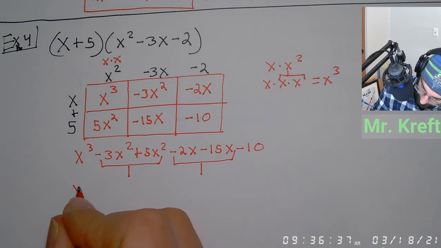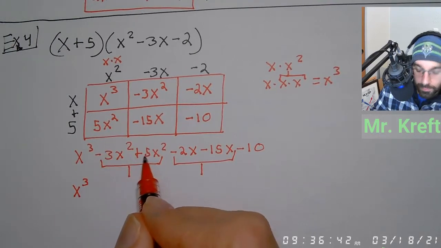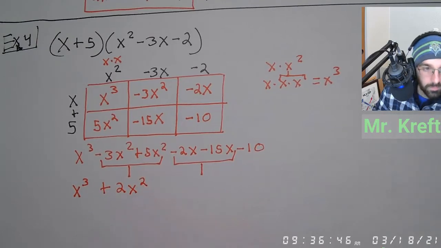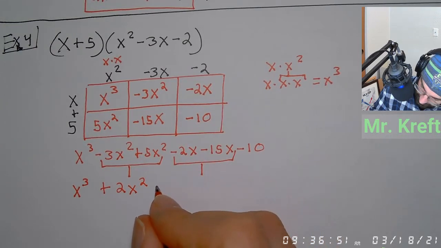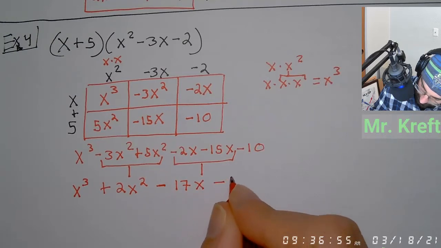Okay, so what do we get? The x cubed stays the same. Negative 3 plus 5, that's a positive 2x squared. Okay, and then negative 2 minus 15, that's going to be negative 17x, and then minus 10.